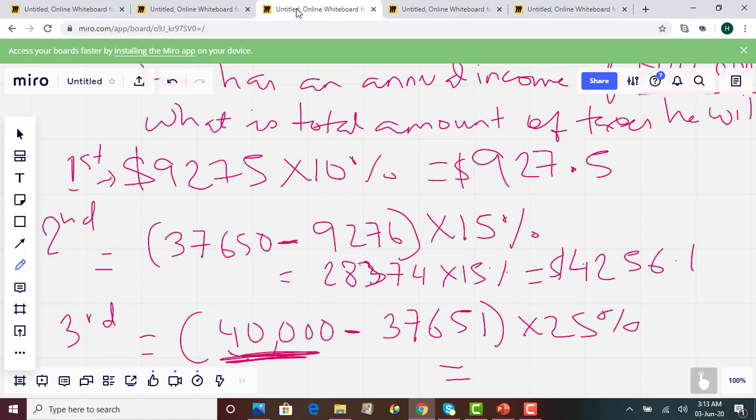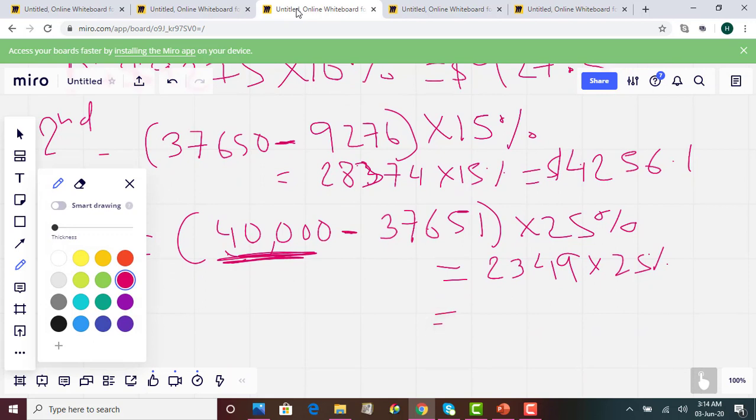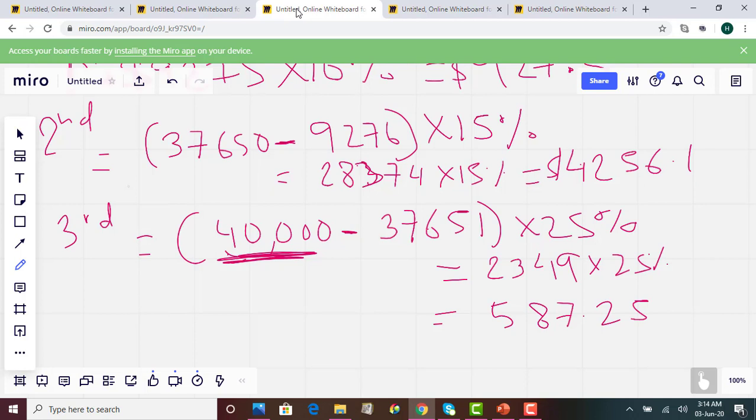He is not earning more than 40,000, so he will not pay taxes on income above 40,000. So 40,000 minus 37,651 is 2,349, times 25%, and that equals 587.25.